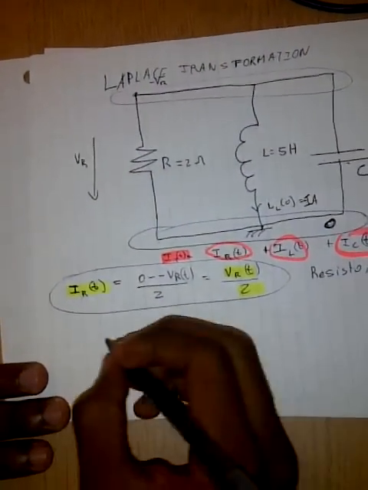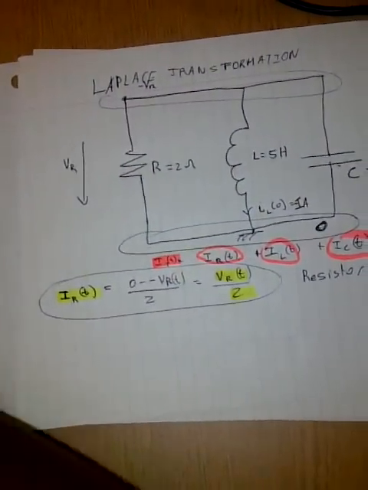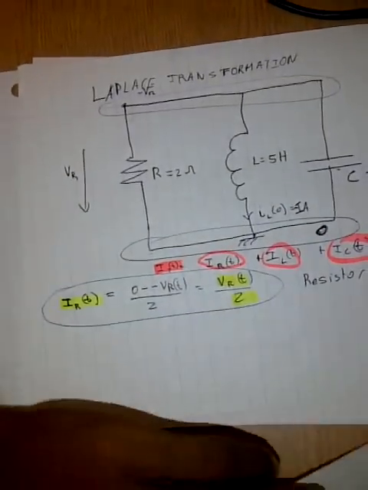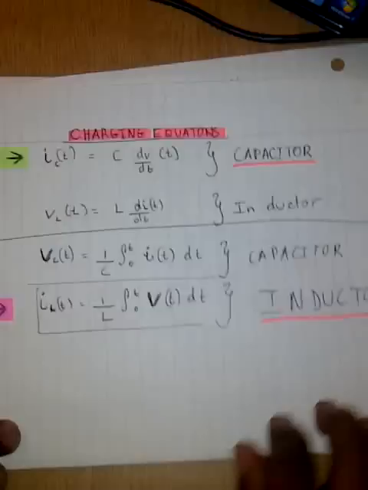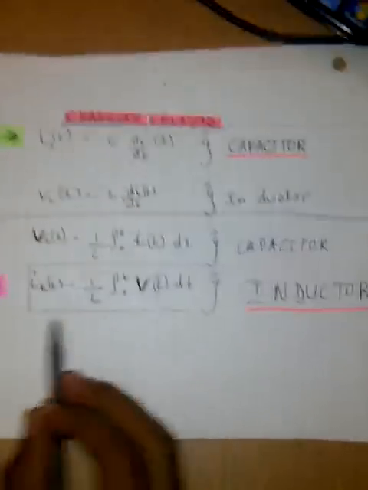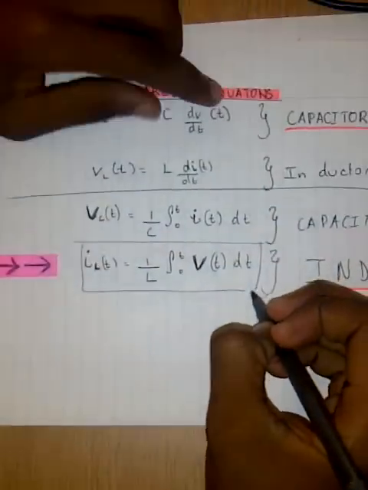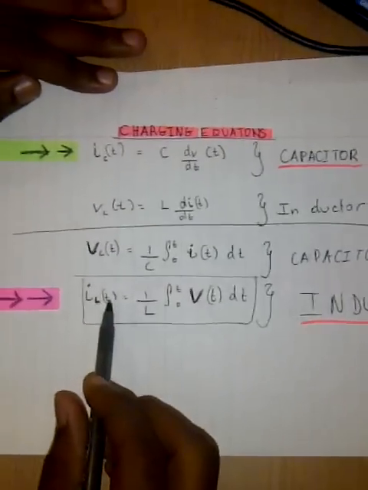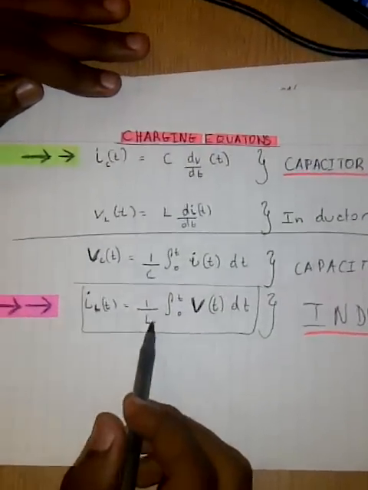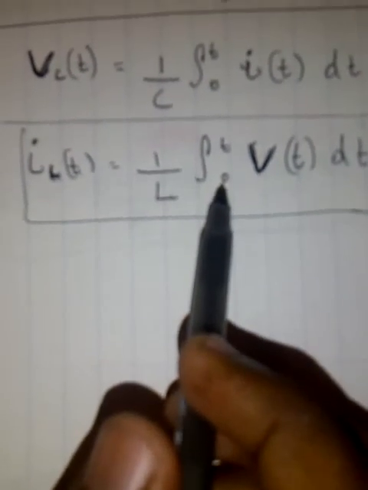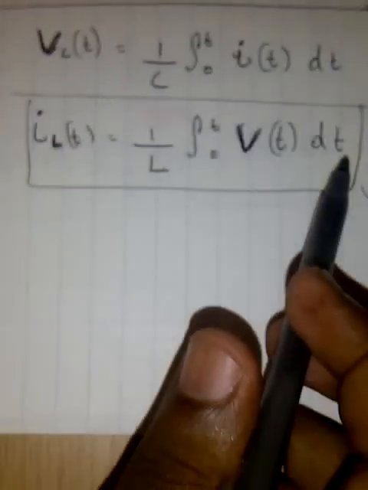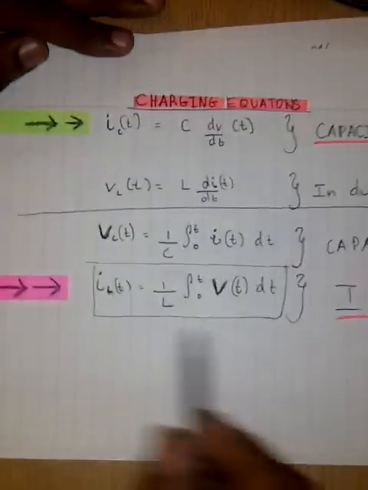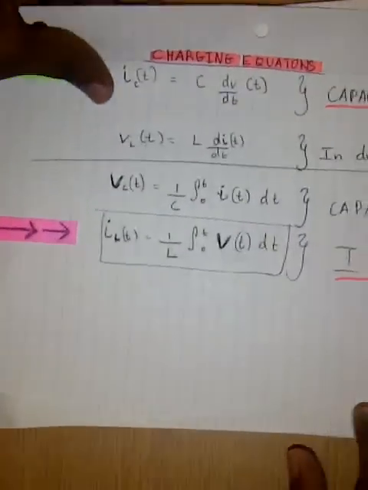Now for the inductor, we already got those equations in class. Those are quite simple right here. This is the equation for the inductor. These are charging equations where ILT is equal to 1 over L integral from T0 to T of VT dt, and that is the charging equation for an inductor.